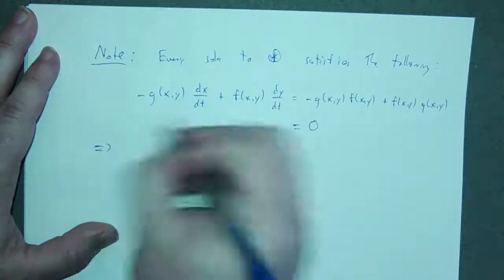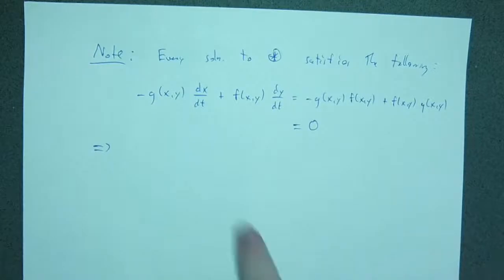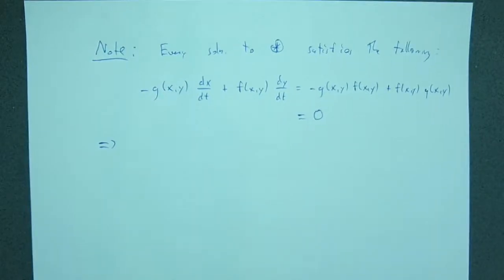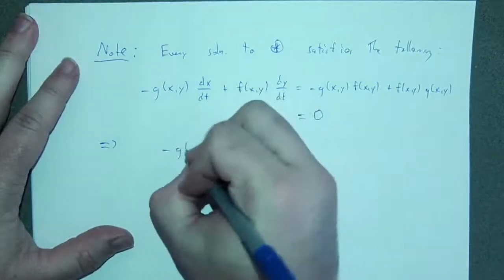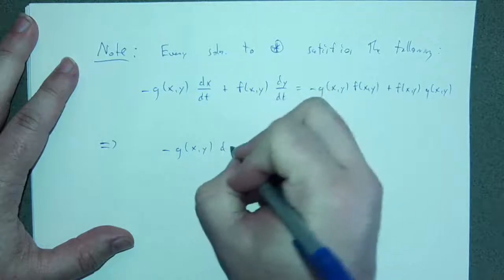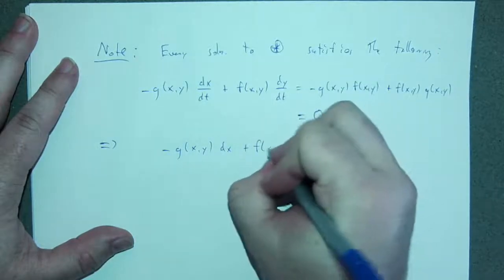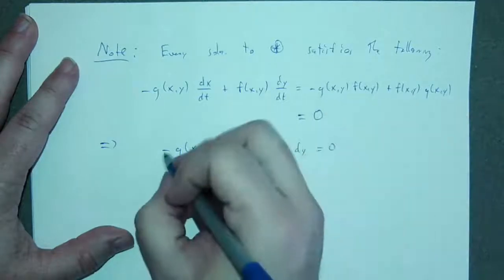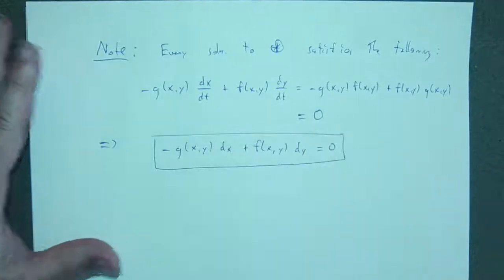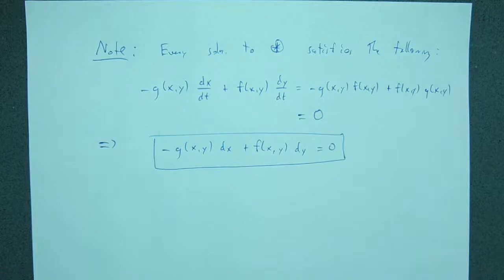Clearing denominators, again abusing notation, treating dx dt and dy dt as honest to God fractions here when really we know they're not, I get minus g of xy dx plus f of xy dy is equal to 0. Huh.